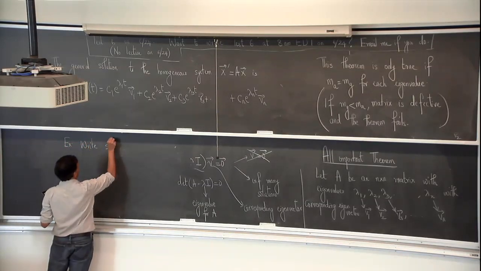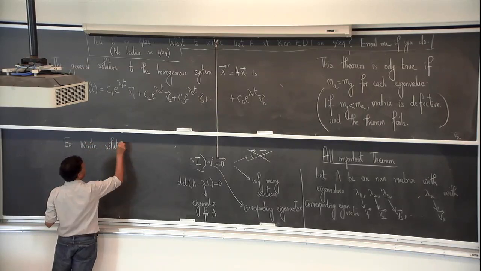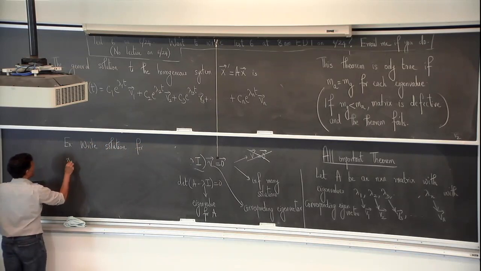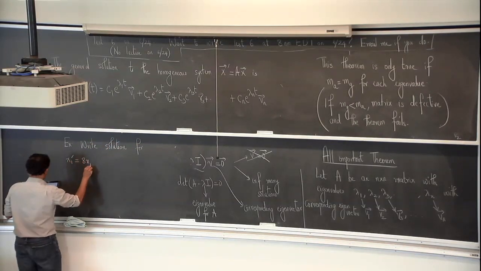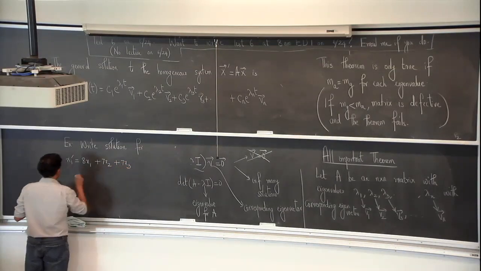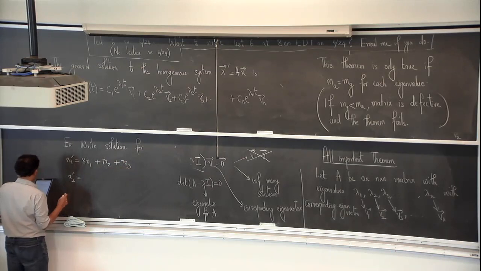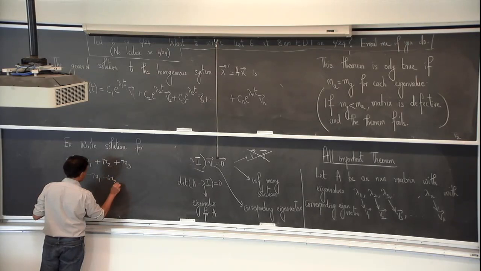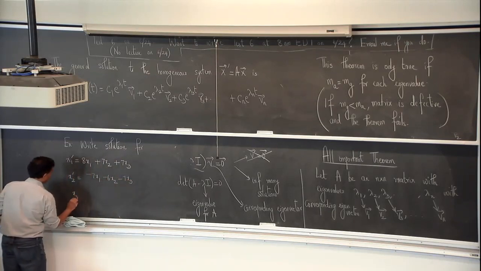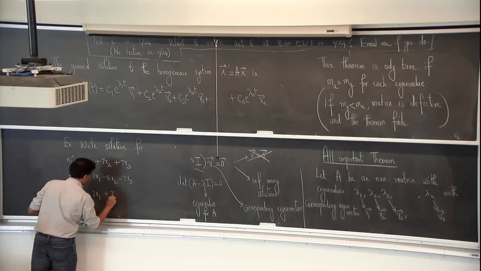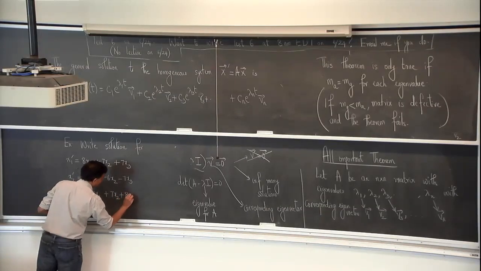Write the general solution for the following linear system: x1 prime equal to 8x1 plus 7x2 plus 7x3, x2 prime equal to negative 7x1 minus 6x2 minus 7x3, and x3 prime equal to 7x1 plus 7x2 plus 8x3.